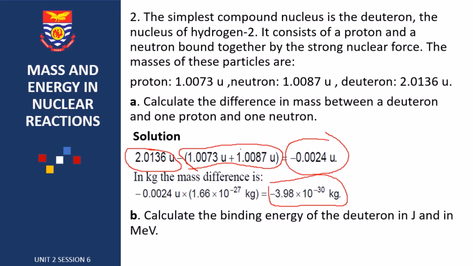Now, next question B says calculate the binding energy of deuterium in joules and in MeV.